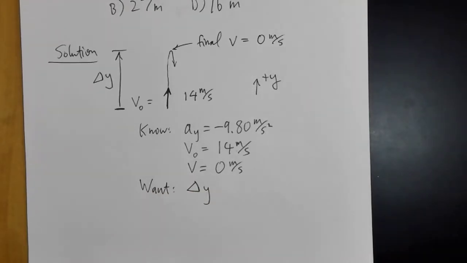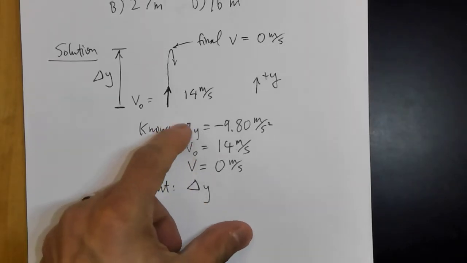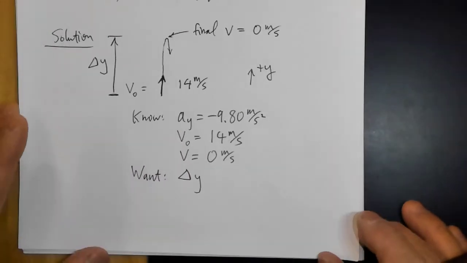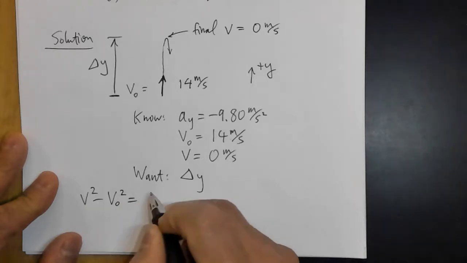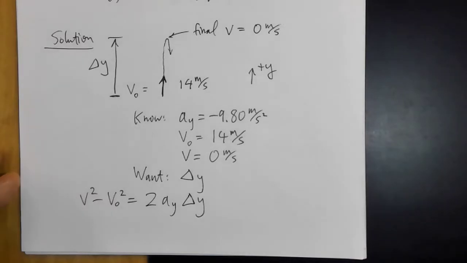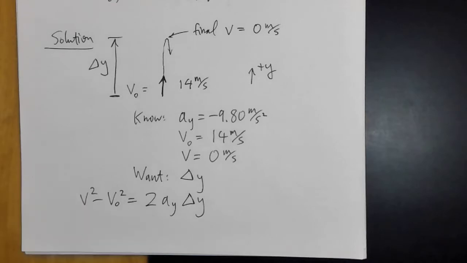So the perfect equation is something that has the thing we want and only the things we know. And the equation that does this is going to be v squared minus v0 squared is equal to 2ay times delta y. Are you good on that? These equations will be given on your equation sheet. On your equation sheet, it may be written a little bit differently. This may be on the other side of the equation, but that's not so bad.